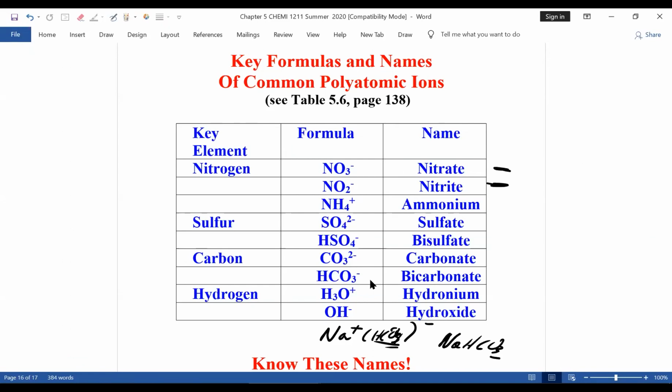This is the bicarbonate right here. Doesn't look like it, but it is. Eventually I'll get good on this tablet. And sodium bicarbonate is the main ingredient in baking powder.